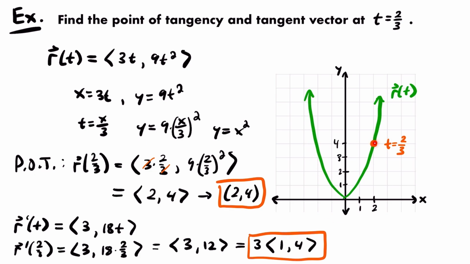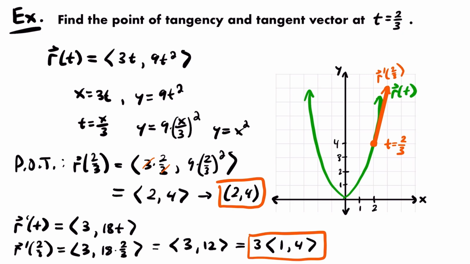So from that point of tangency, we will move 1 in the x direction and 4 in the y direction. That will give us the terminal point of that vector, and we can see what the tangent vector would look like. So from our point of tangency, we'll move 1 in the x direction, and then 1, 2, 3, 4 in the y direction. So that would be the terminal point right there. And so then connecting those 2 points will give us a vector that looks like that. That would be r prime of 2/3.